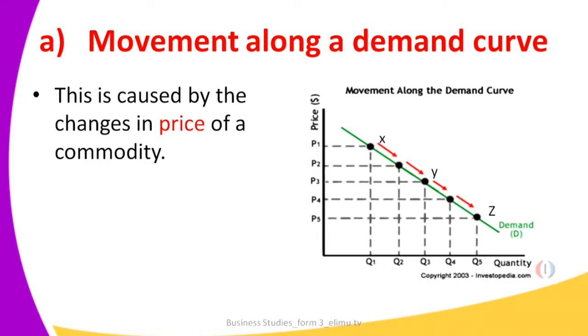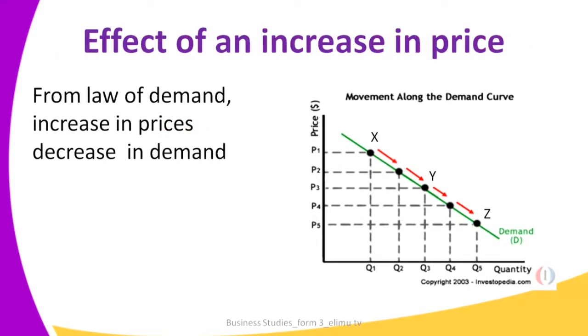But we are going to look further into details. Let's look at the effect of an increase in price only along the demand curve so that you can now understand better. From the law of demand, an increase in prices decreases demand. And I've given you a very good example.